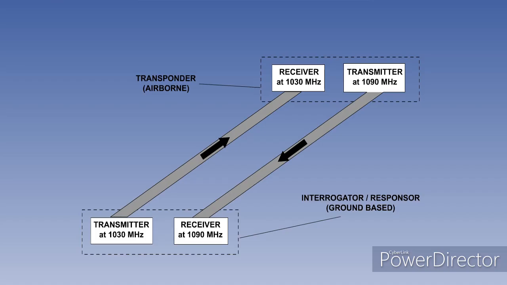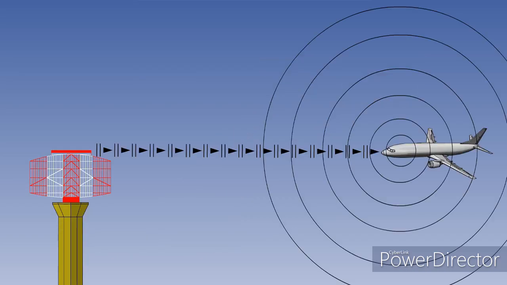Both of these frequencies are within the UHF band, and so the maximum theoretical range of the system is limited to line of sight. The SSR ground antenna transmits a narrow beam in the horizontal plane, which scans through 360 degrees, whilst the aircraft transmits omnidirectionally.